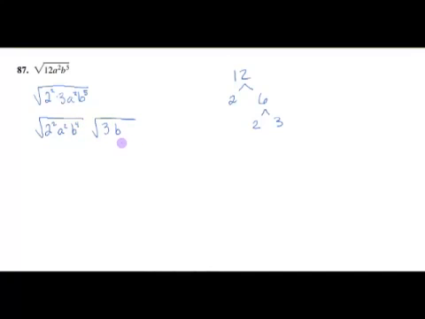Now, why wouldn't I just put a b squared in the first one and then put b cubed here, so that this is a 2 just like the index? Well, we could simplify that, and then this comes down, and we end up with an exponent inside the radical that is greater than or equal to the index.